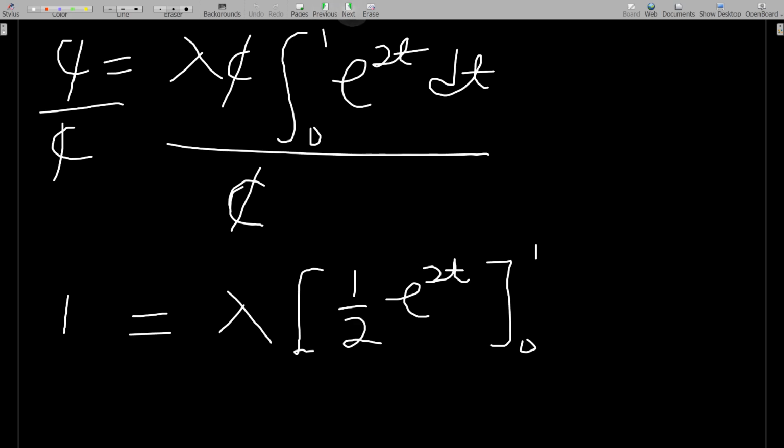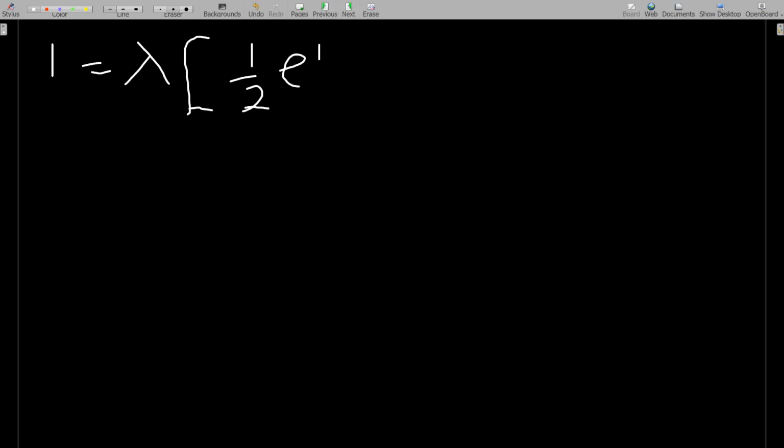When I put in 1, I'll get e to the 2, and minus half e to the 0. So e to the 0 is just 1.